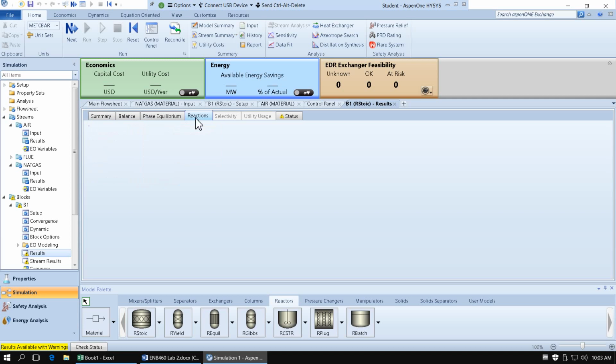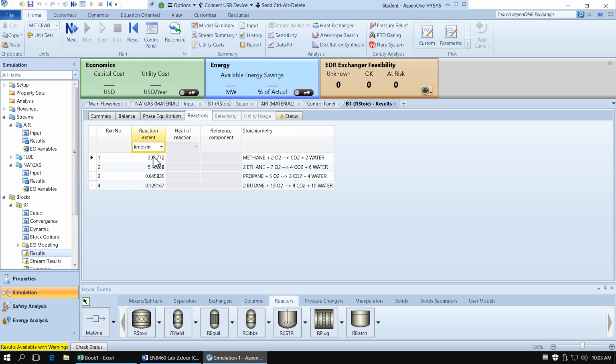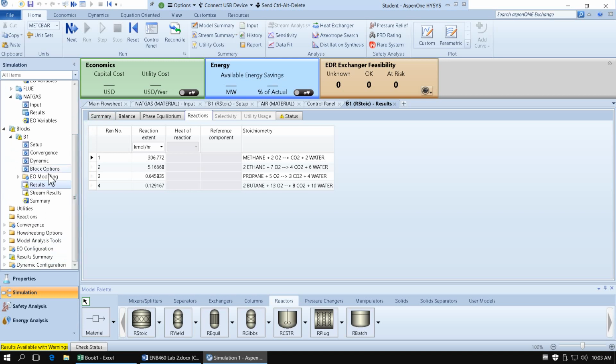And if we look at the reactions tab, we have that extent. Another way to inspect the results of our reaction is to look at the stream results. You can access that through the sidebar, here, stream results.